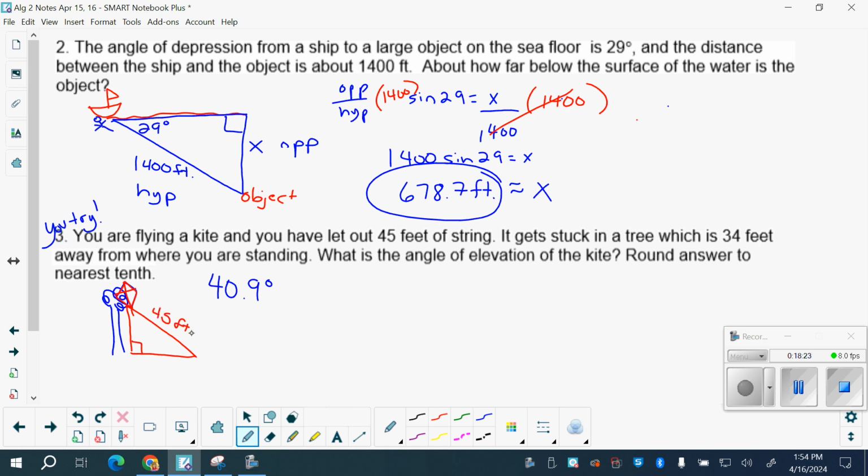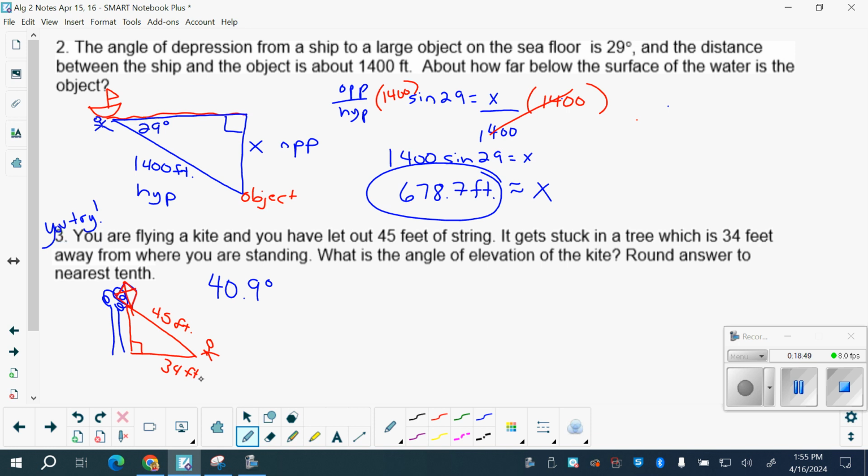Once again, if you could just sit quietly, please, for those people who need to listen. So my hypotenuse is the 45 feet. And it says that it gets stuck in a tree, which is 34 feet away from where you're standing. So here's the person, 34 feet is going to be here.